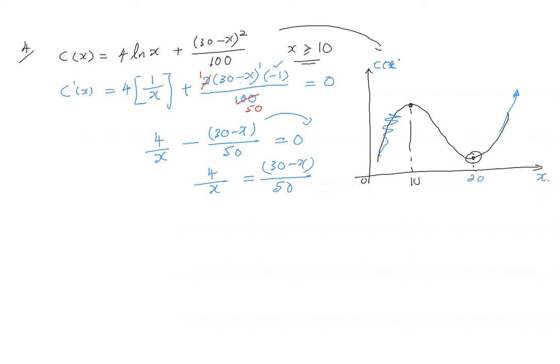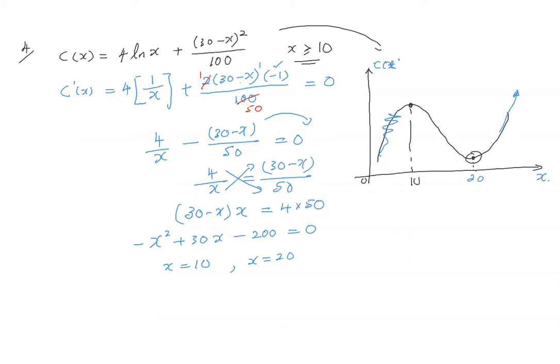Okay, cross multiply. (30 minus X) times X is equal to 4 times 50. So I have negative X squared plus 30X minus 200 equal to 0. So you get your answer from your calculator straight away: X equal to 10, X equal to 20.